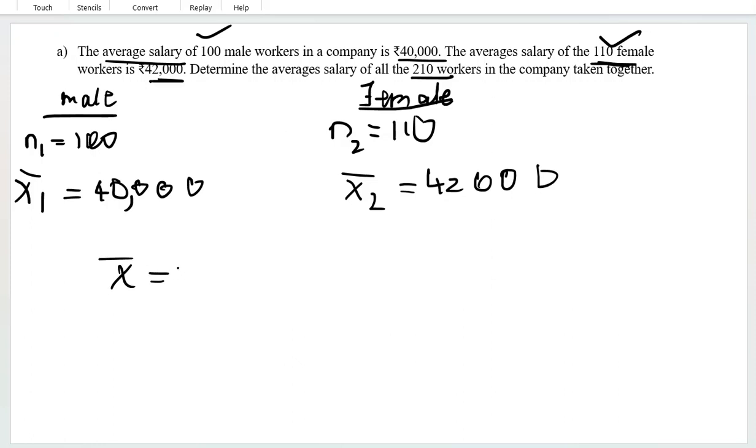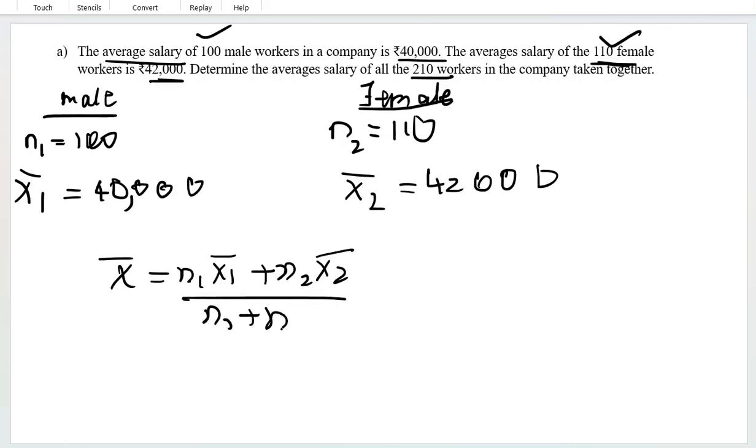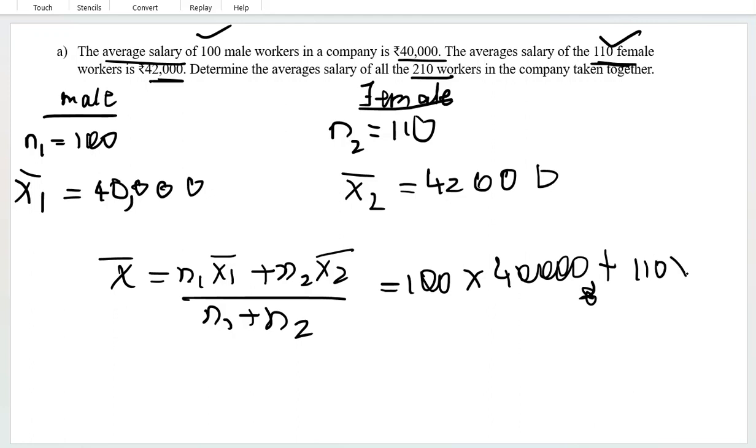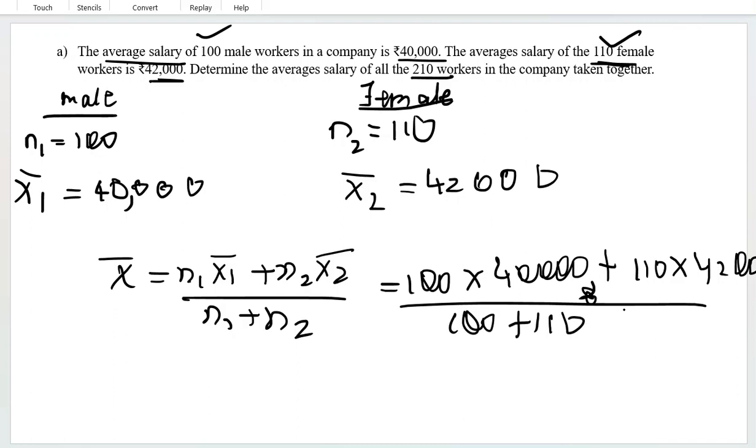So to combine this, we have a formula. The formula is X bar is equal to N1 X1 bar plus N2 X2 bar upon N1 plus N2. So we use N1 as 100, X1 bar is 40,000, plus N2 is 110 into 42,000, upon N1 plus N2, which is 100 plus 110.